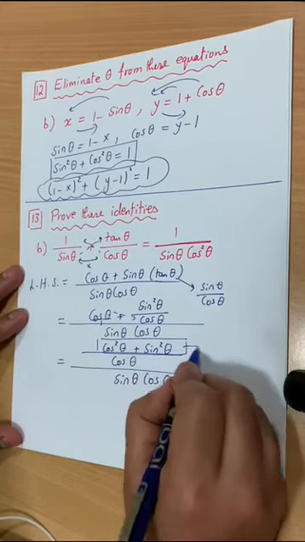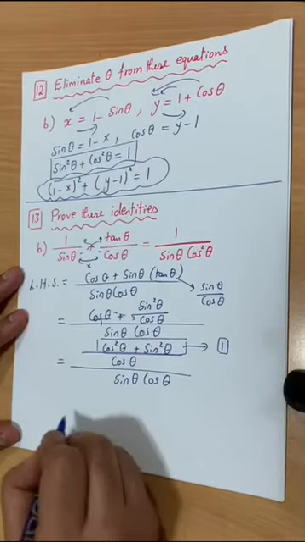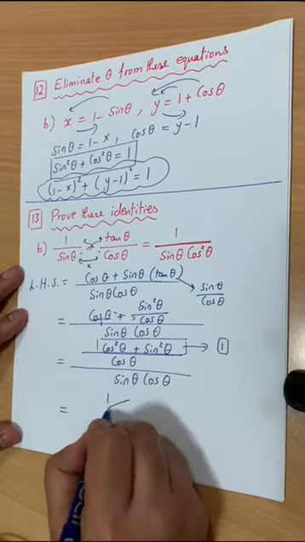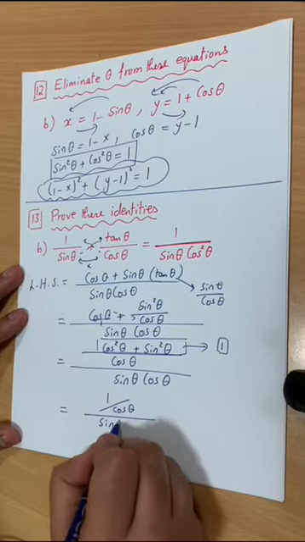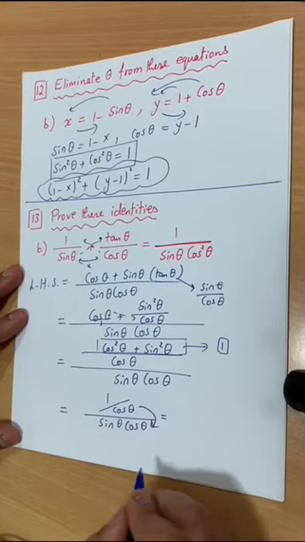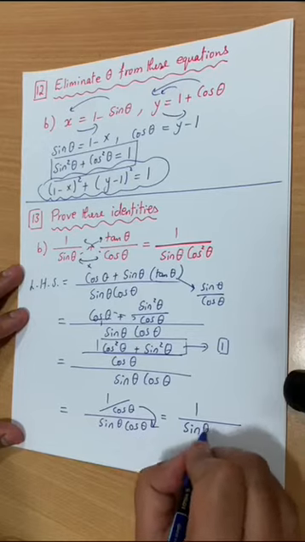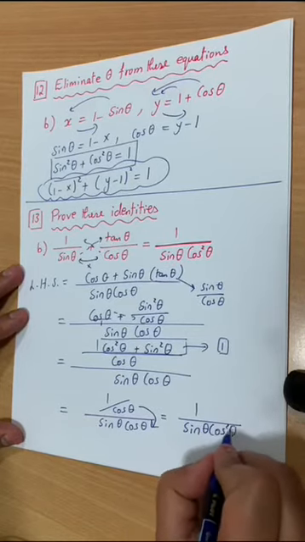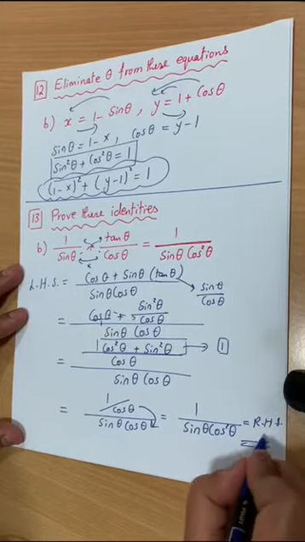This identity, we know that it's equal to 1 from the previous question. So it's 1 over cosine theta dividing sine theta cosine theta. The denominator goes down, so you have 1 over sine theta cosine squared theta, which is equal to the right hand side.